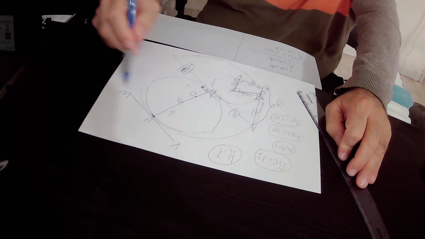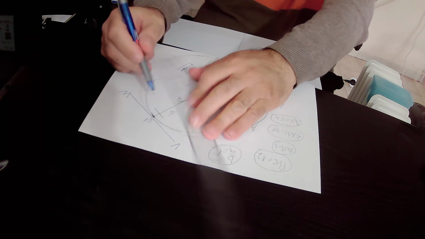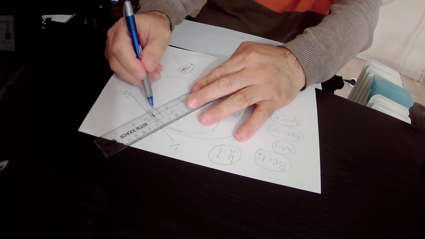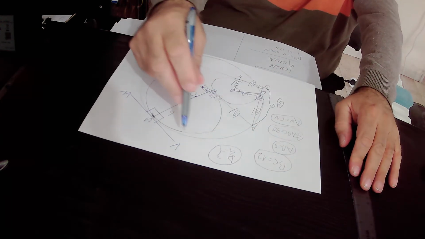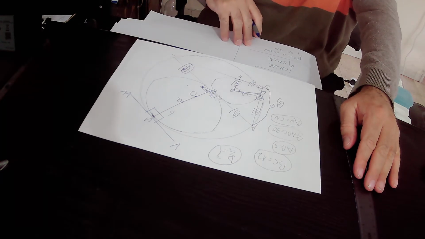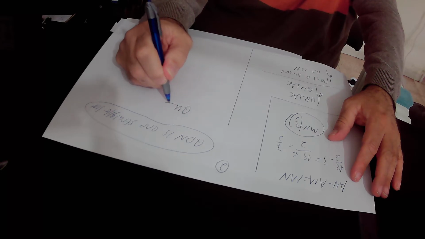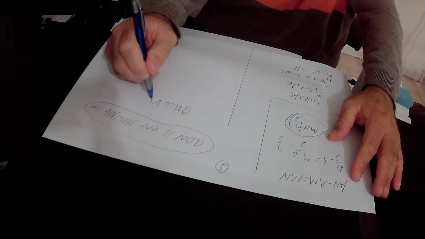If VW is perpendicular to UQ, it means that this angle equals 90 degrees and this angle also equals 90 degrees. So you can write down that the radius QU is perpendicular to tangent VW.